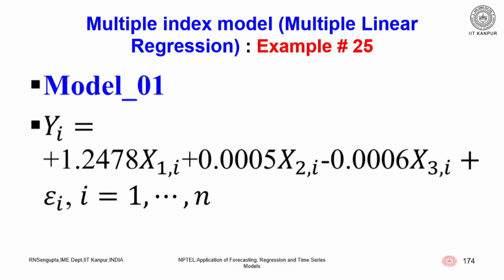So this is the regression model which you are utilizing, based on the multiple linear regression concept or the multi-index model, to predict the return for Tata Motors, considering x1 as NSE 50, x2 as Indian rupees to US dollars and x3 as Brent crude price.